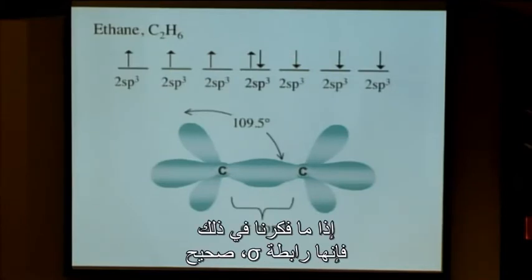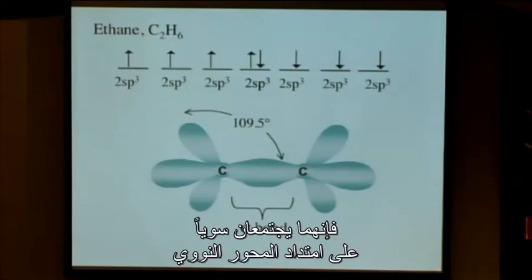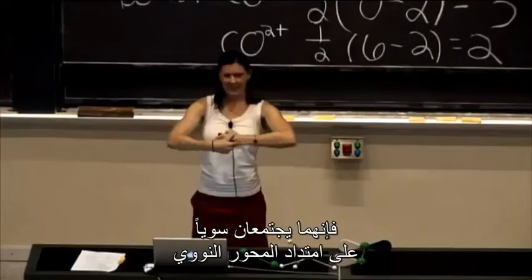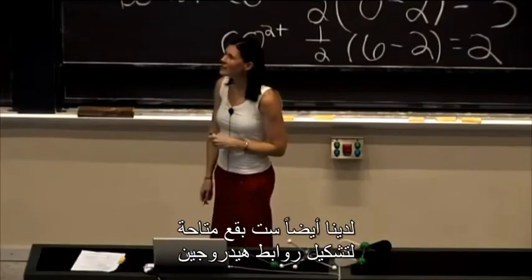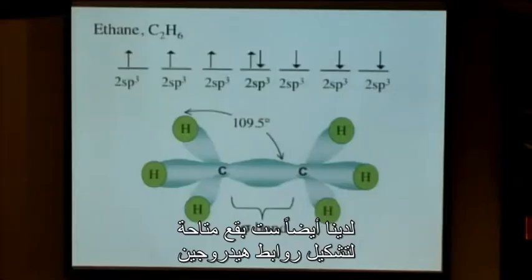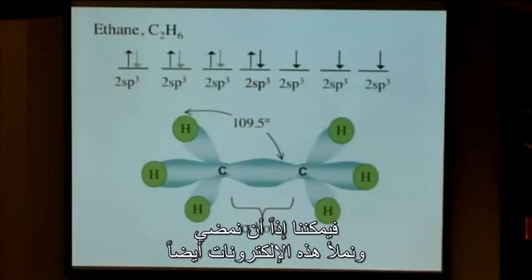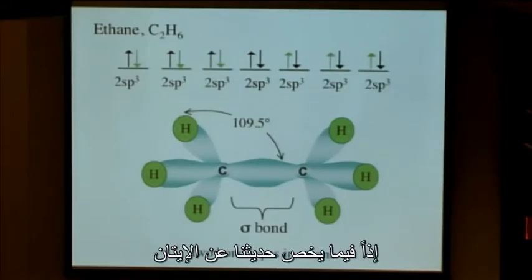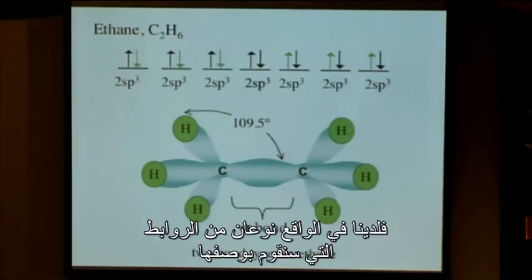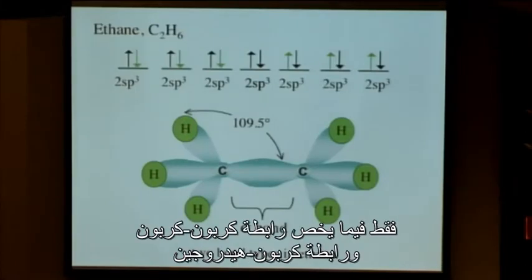If we think about that, that's a sigma bond, right? They're coming together along the internuclear axis. We also have 6 spots available to form hydrogen bonds, so we can go ahead and fill in those electrons as well. So in terms of thinking about ethane, we actually have 2 bond types that we're going to be describing: the carbon-carbon bond and then the carbon-H bonds.